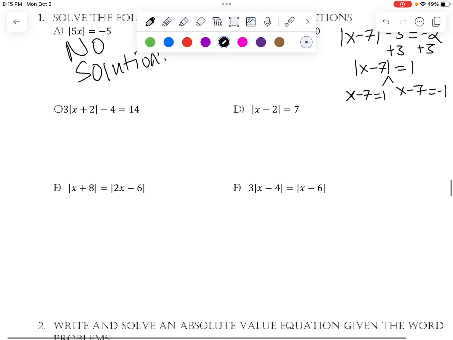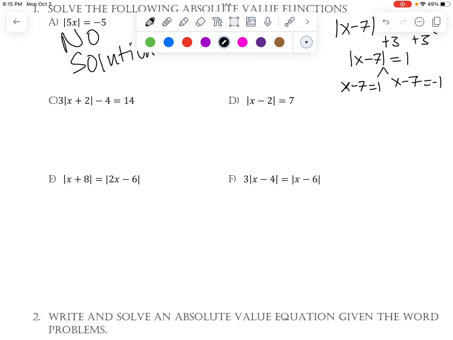Now, for these bottom two, we would choose one to be our quote-unquote number. Okay, so I'm going to do E with you. So this I'm going to make my quote-unquote number. This is the one where I will make positive or negative. So I will have my x plus 8 in absolute value bars is equal to 2x minus 6. And my two equations will become x plus 8 is equal to positive 2x minus 6.